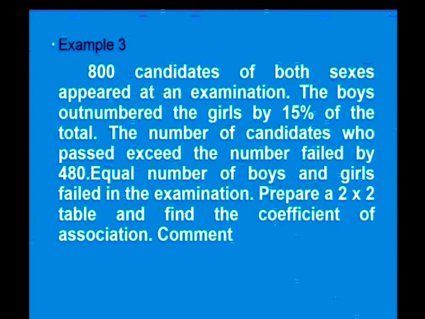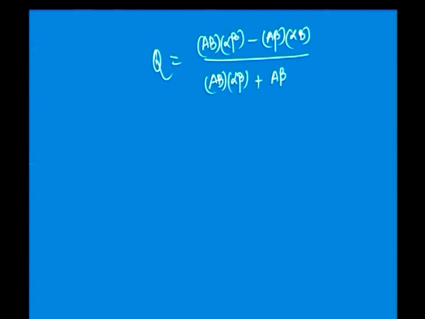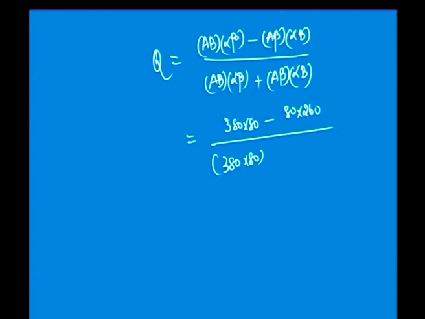The formula is Q is equal to AB into alpha beta minus A beta into alpha B, and the same thing in the denominator with plus: AB into alpha beta plus A beta into alpha B. Substitute all the values from the 2 cross 2 table we have just found: 380 into 80 minus 80 into 260, the whole thing divided by 380 into 80 plus 80 into 260.